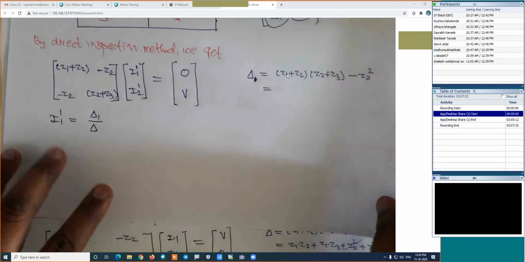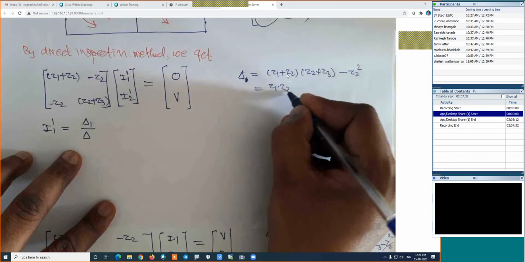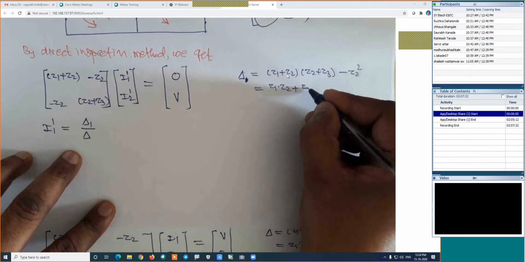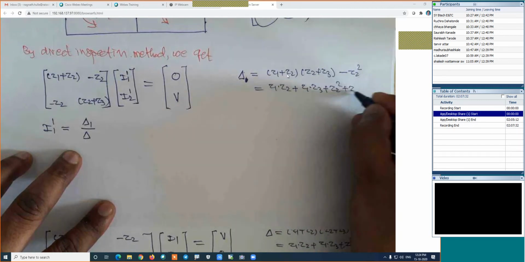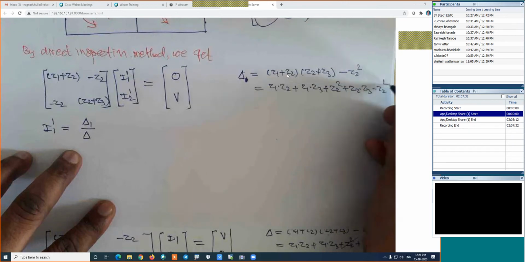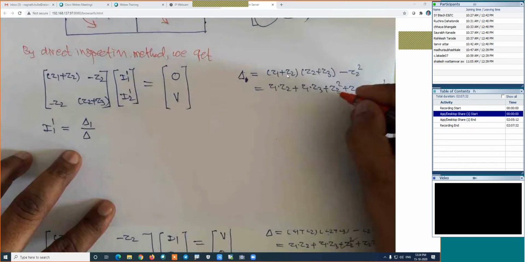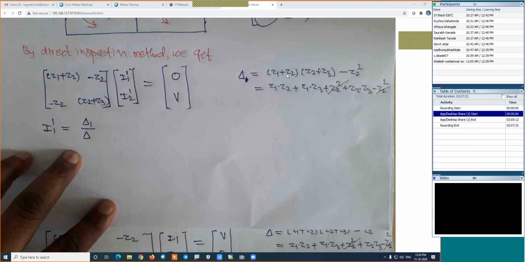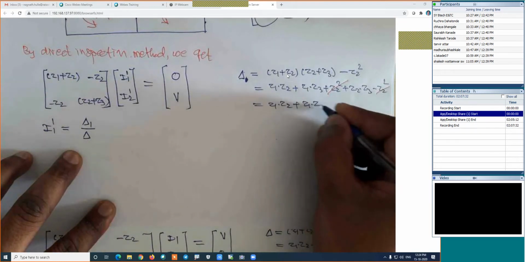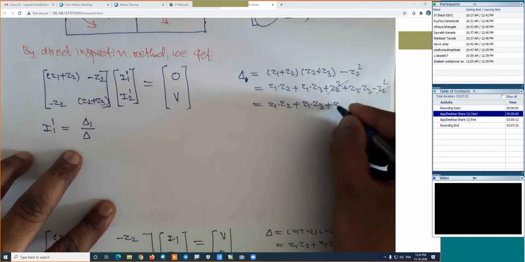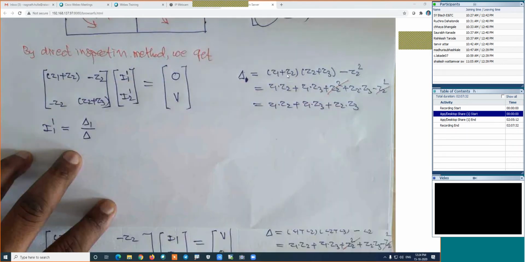It will be Z1 into Z2 plus Z1 into Z3, then plus Z2 square, then Z2 into Z3 minus Z2 square. This square term will cancel with this minus term. This final value will be Z1 into Z2 plus Z1 into Z3 plus Z2 into Z3, which is the delta for this case.